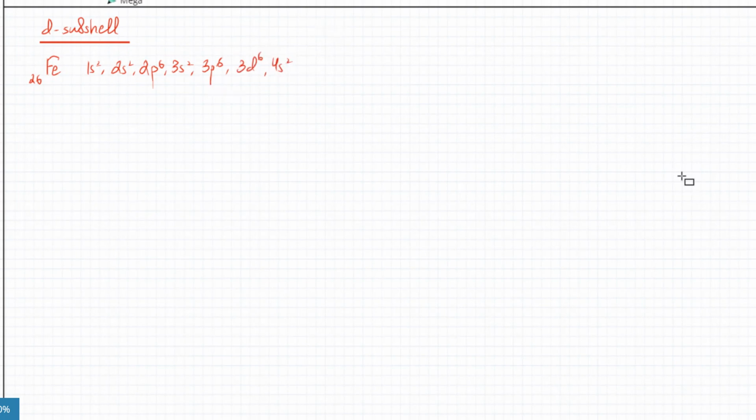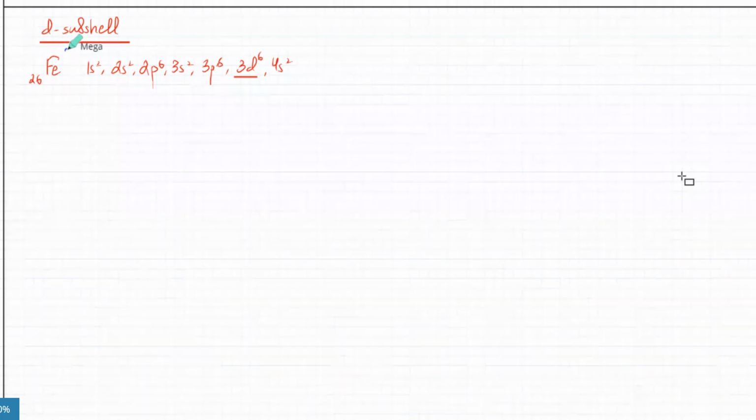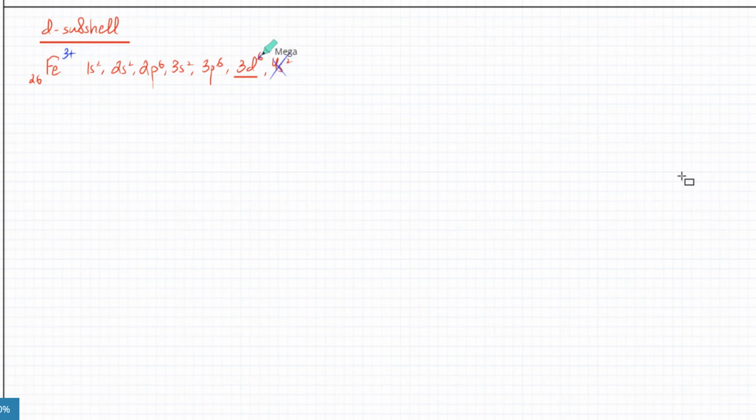So the last electron in a d block element goes into a d subshell, and when transition metals form ions, for example Fe3+, then the outermost is usually just the d. Instead of having 6 electrons, it's going to have 5 electrons.